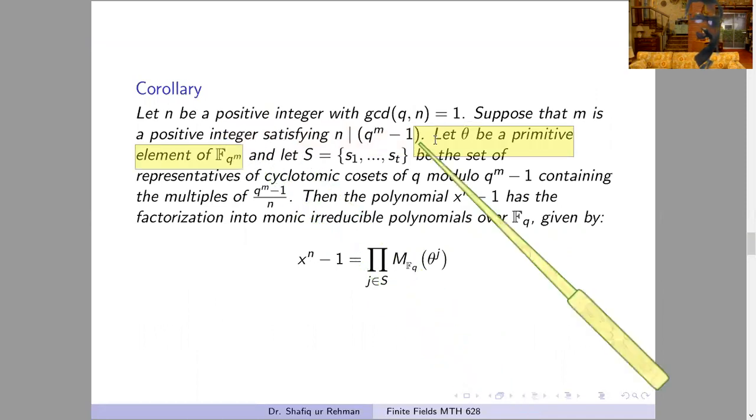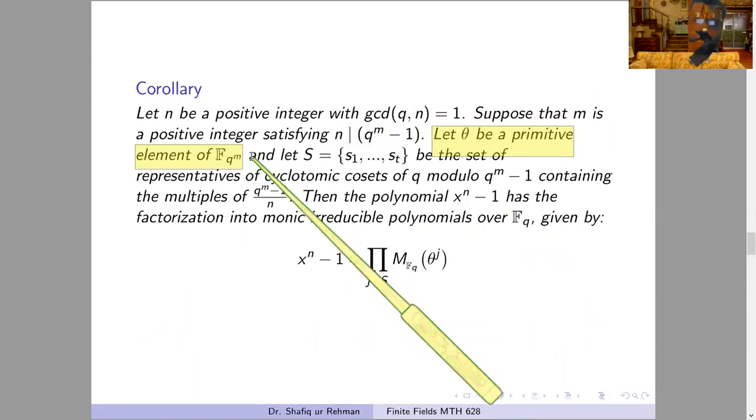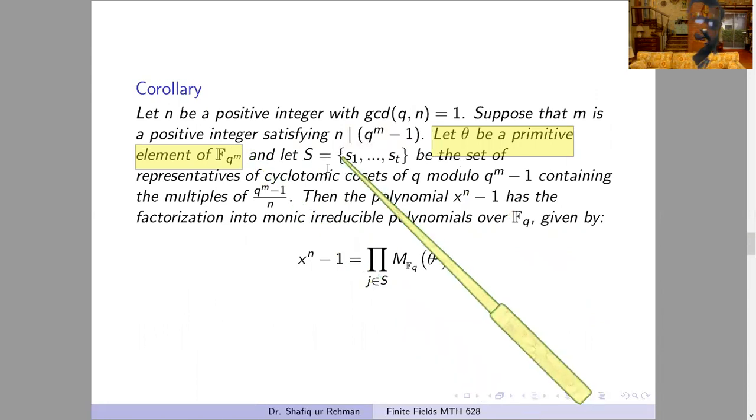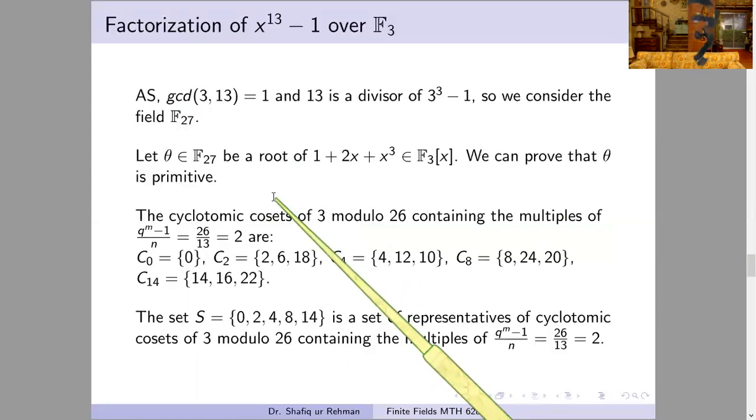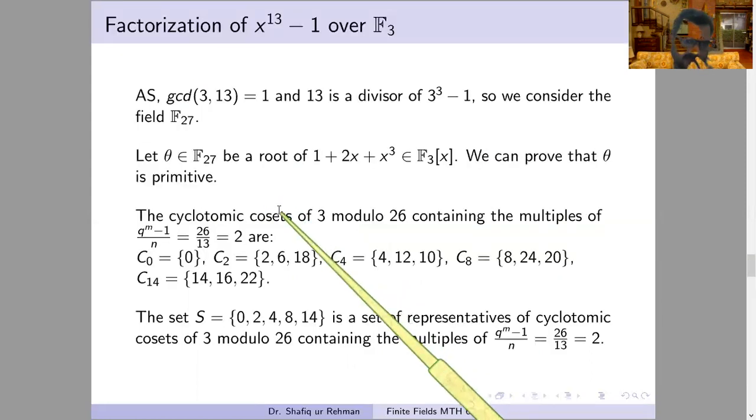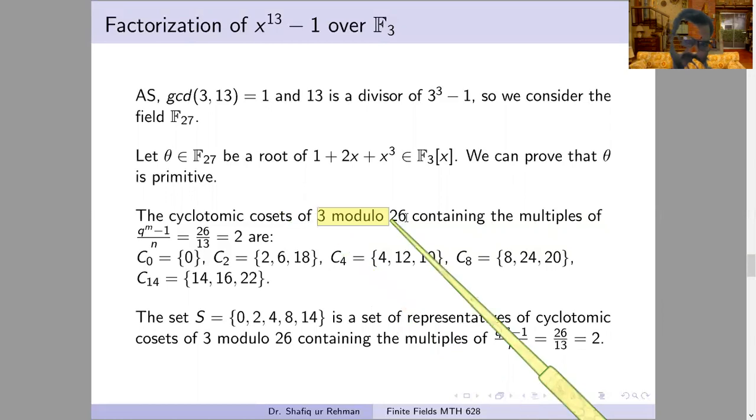According to the previous corollary, until here we are done. We have chosen a primitive element. Now the next step is to take all the cyclotomic cosets containing the multiples of a certain number. So we will find the cyclotomic cosets of 3 modulo 26.